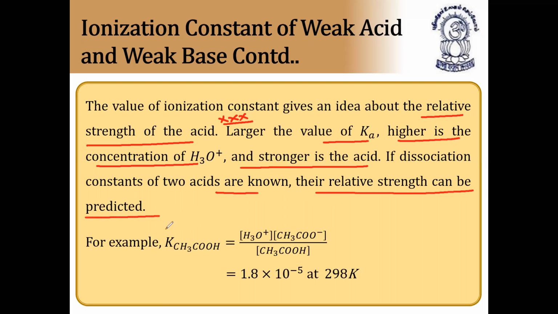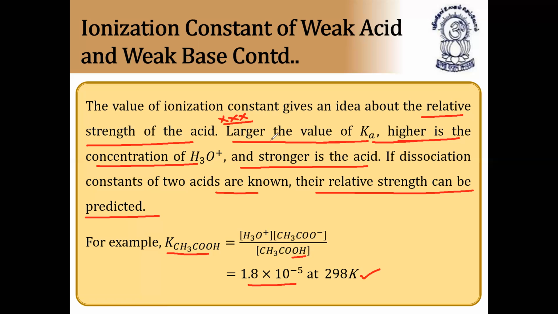For example, the dissociation constant of acetic acid is the concentration of H3O plus into CH3COO minus by CH3COOH, which is equal to 1.8 into 10 to the power minus 5 at 298 Kelvin. This is the value which is calculated. Very definitely they'll ask a question from this statement. They will give dissociation constant values, that is Ka values, of A, B, C, and D, and ask us to write them in the decreasing order of acidic strength.